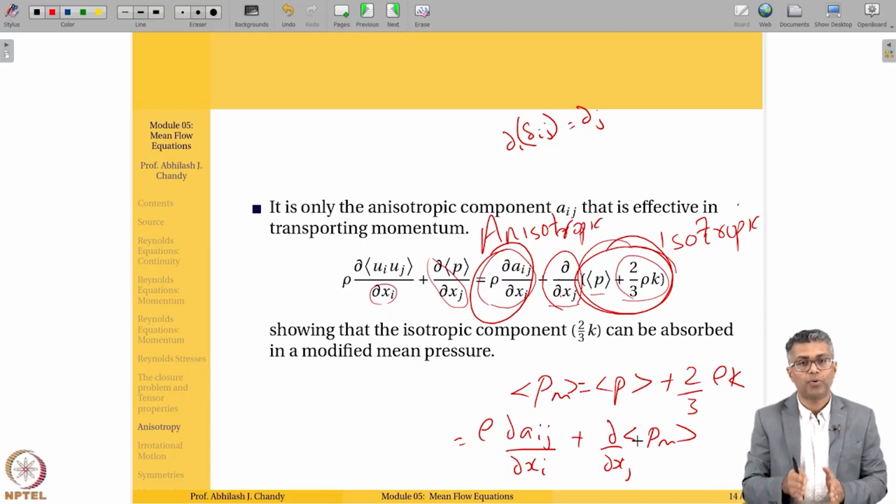What we did was we split it into the isotropic and anisotropic part, and the isotropic part could be absorbed into the pressure. That showed us that the anisotropic term is what is responsible for all the effects that we see in turbulent flow. That is the conclusion here. It is not the overall Reynolds stress term, it is the anisotropic part of the Reynolds stress term.